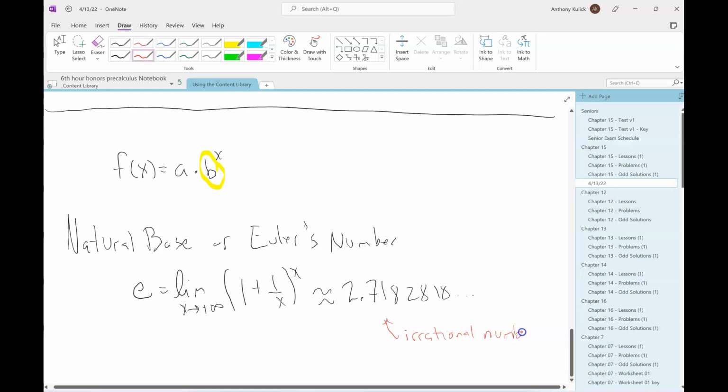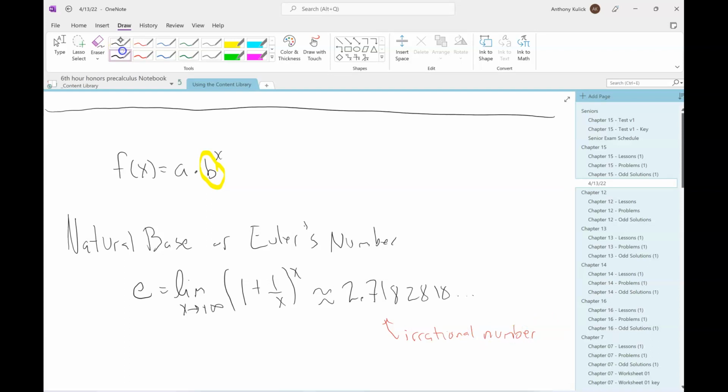Remember, what does irrational mean? Okay, it's infinite, doesn't repeat, but the real definition is that it can't be written as a fraction, right? That's really what we mean by that. But yes, that's an equivalent statement: it doesn't end and it doesn't repeat. There's no repeating pattern to it.